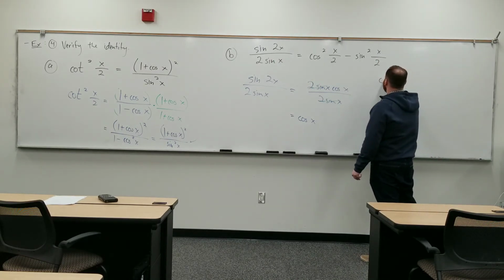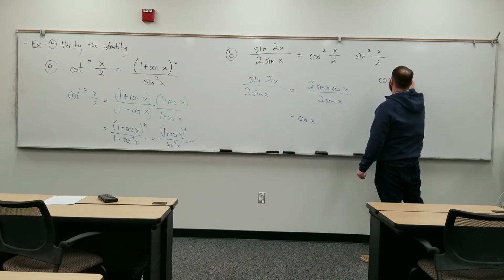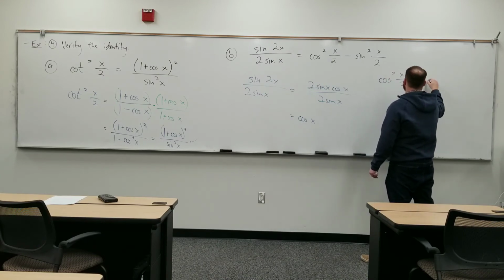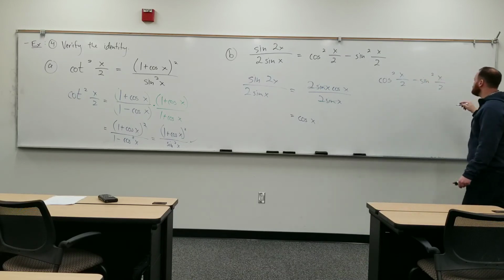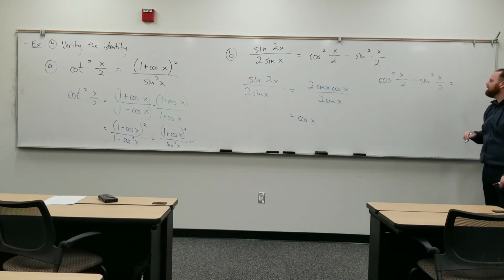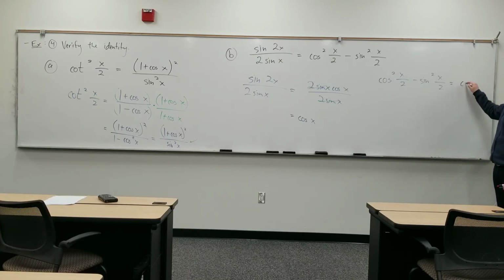Cosine squared x over 2 minus sine squared x over 2. That's just cosine x in one step.